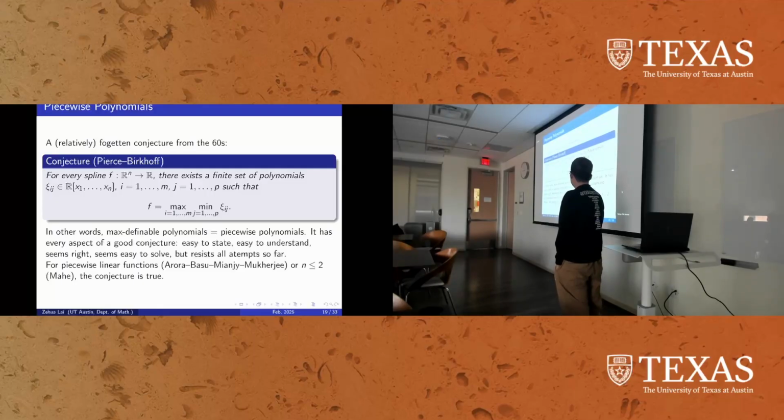It's still an open conjecture so far, and we only know some very special cases. For example, if this piecewise polynomial is actually linear, a piecewise linear function, then we already know this is true: each piecewise linear function can be written as a maximum of minimums of linear functions. We also know that this is true for splines in a plane, in dimension 2. But for higher dimensions, we don't know if this is true or not.